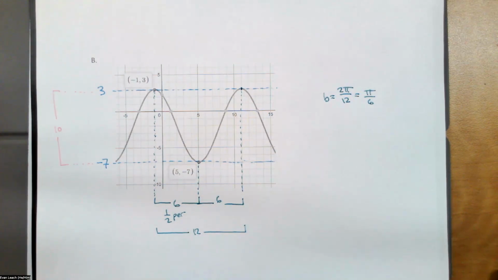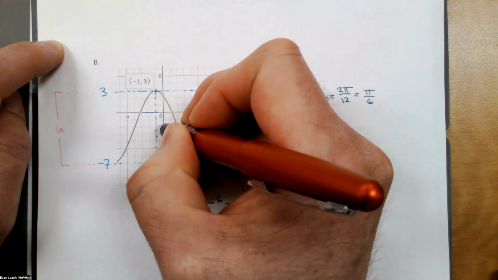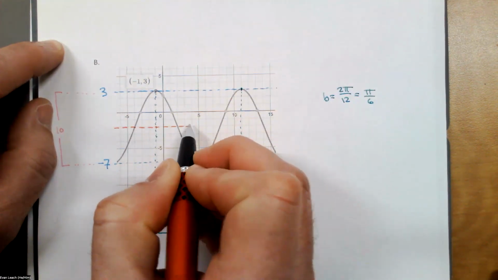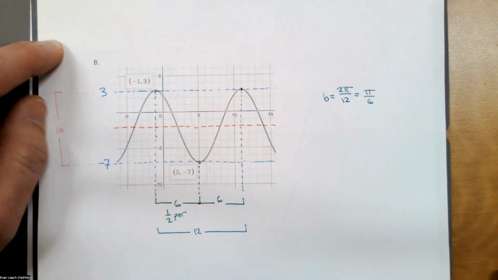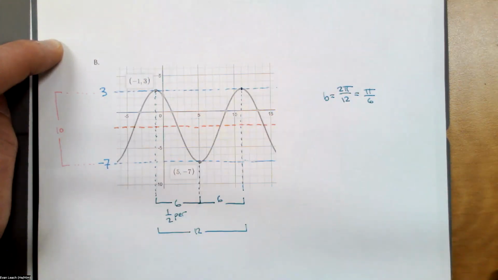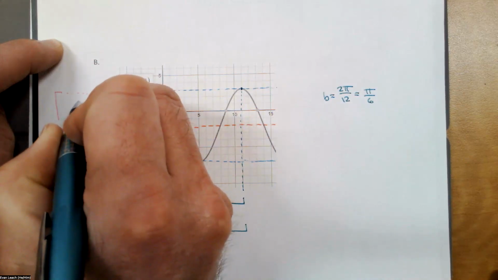Oh, and the middle was in red. So once we have this total distance from the top to the bottom, we have to cut it in half to figure out what the amplitude is. And so half of the 10 is 5.